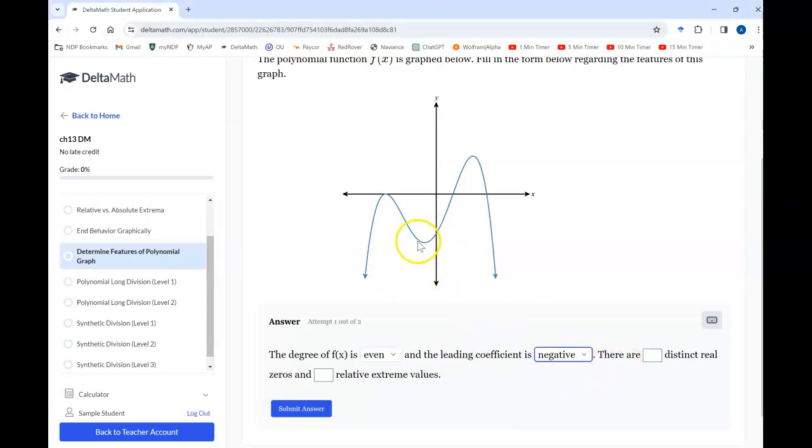If I look at the picture, I see 1, 2, 3 real zeros, because I see 3 places where it touches the x-axis. And I see 1, 2, 3 relative extrema. The humps are the extrema.